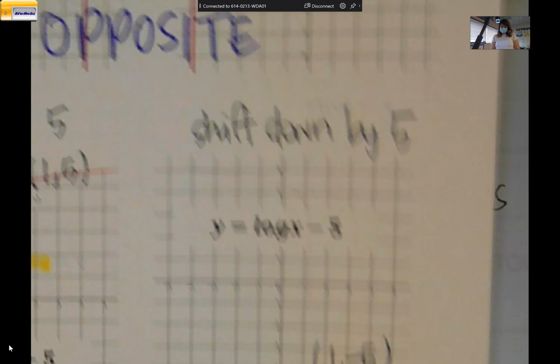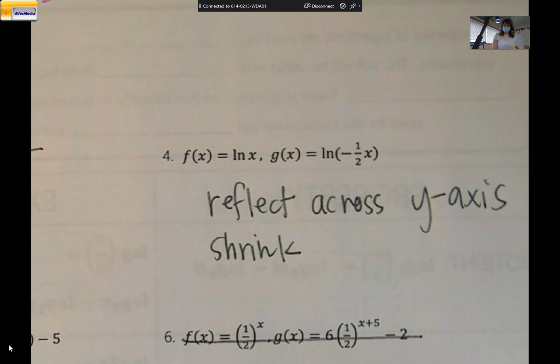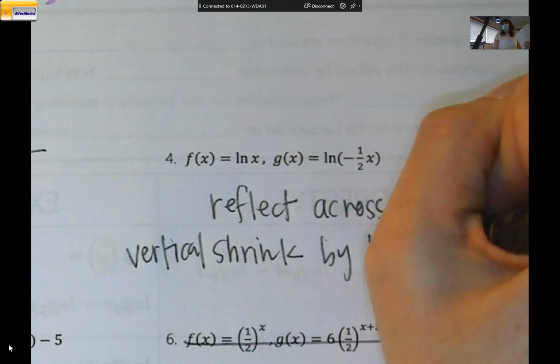And then I go to my stretches and shrinks and find the one where the number is next to the x. That is a vertical shrink by 1/2.